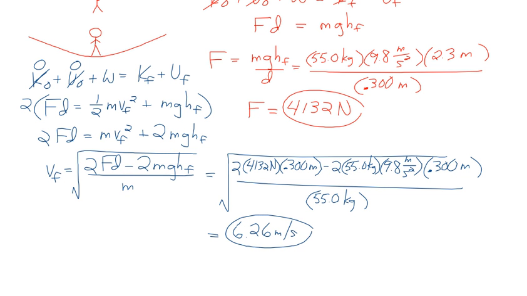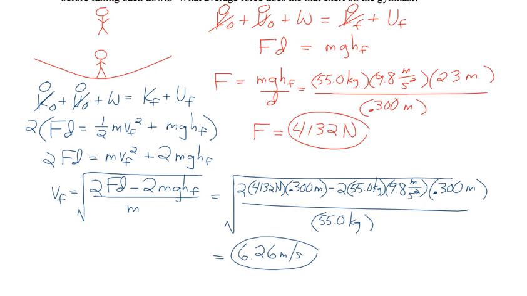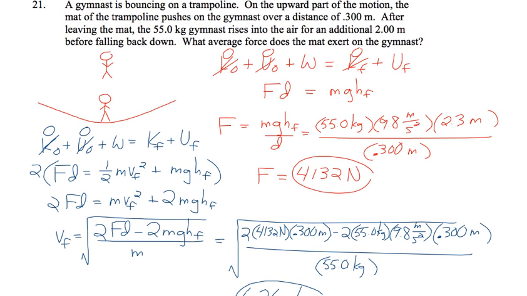So I could now do a third part. I don't have time looking at the video length that I'm at where I am now. But what I could then do is begin my motion right here when they leave the mat to figure out how high they're going to go up in the air. Now, I already know that number's 2 meters, but I could just check it using the 6.26 meters per second as my original velocity, meaning it would now be my original kinetic energy.